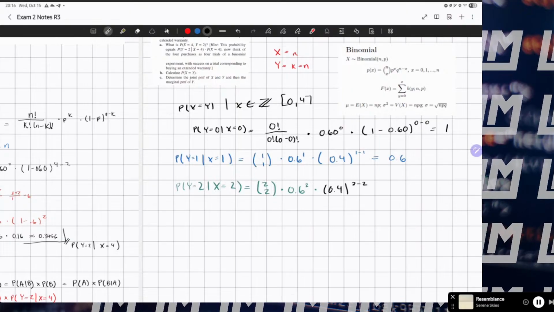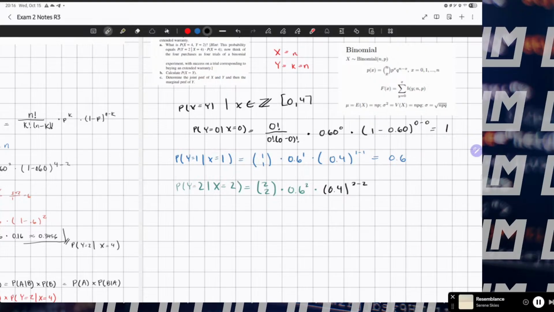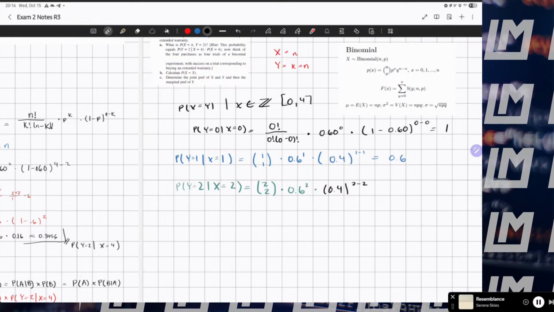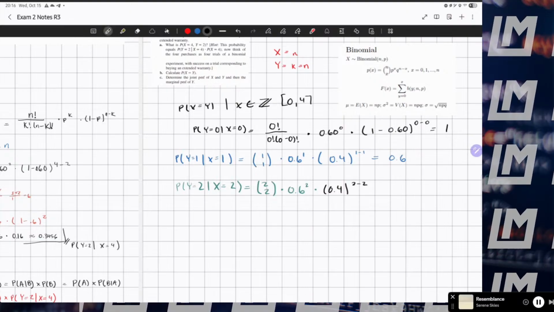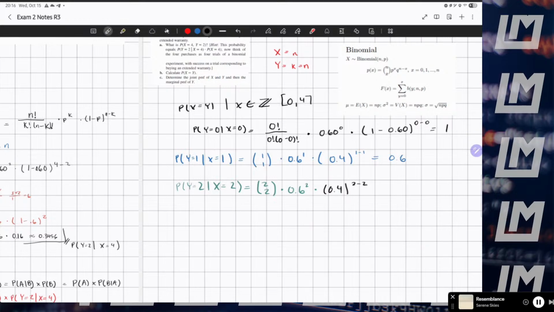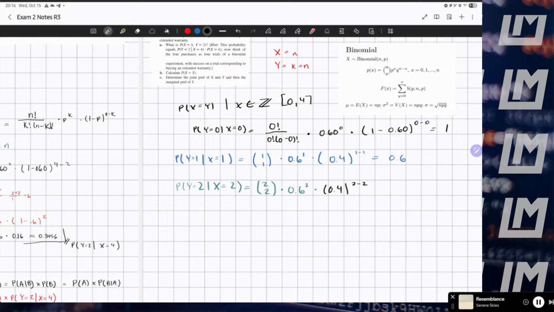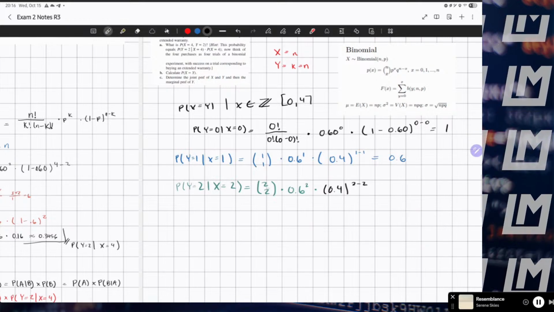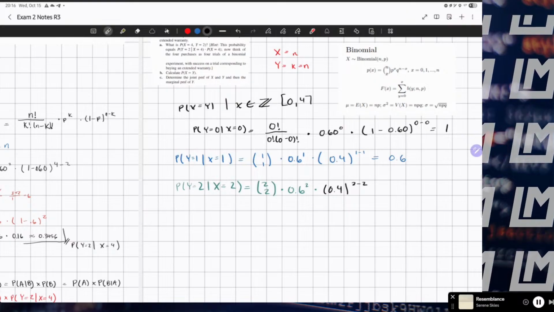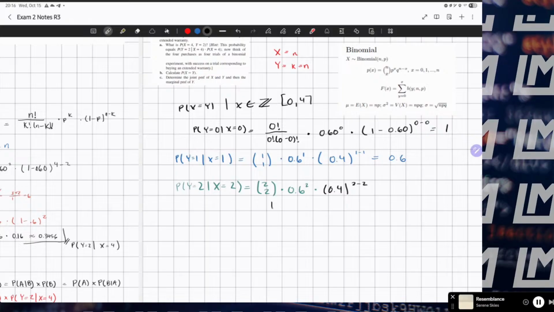2 minus 2. And then when we plug this in, right, for the combination, right? So that's a general rule. When you're trying to find the combination where n and k, or n and x, is equal to each other, it's going to always equal 1. So again, it's going to be 1.